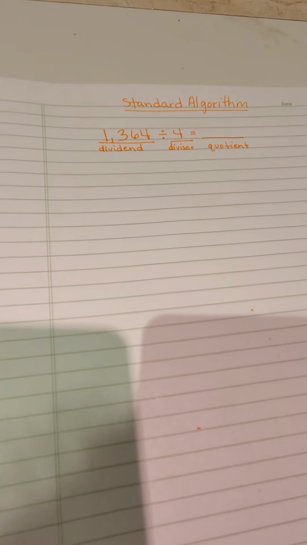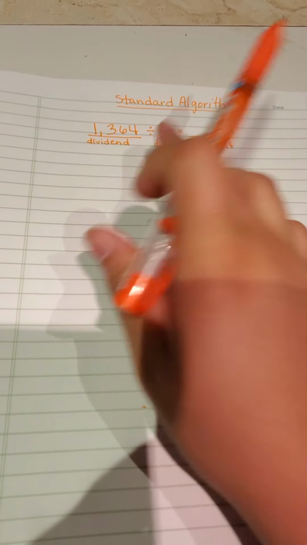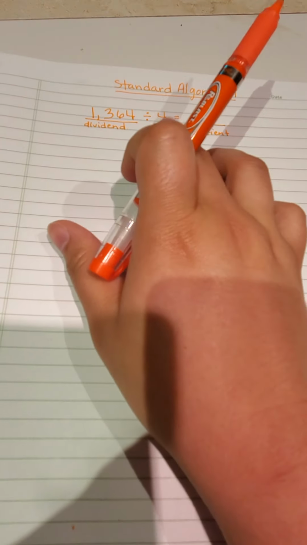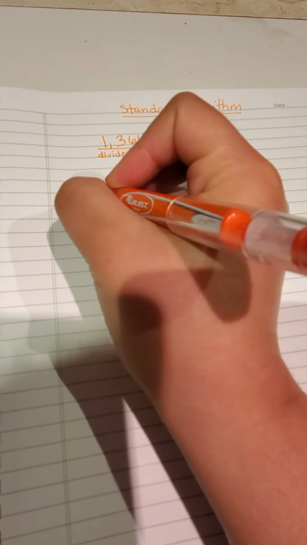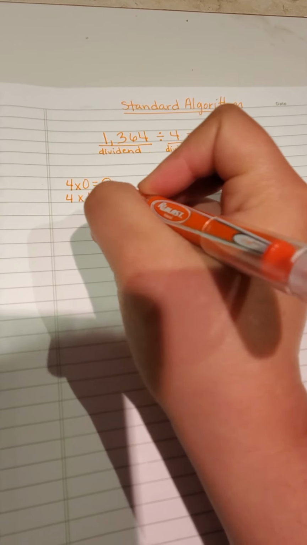So when I divide, the one thing I like to do, because division relates to multiplication, I like to write the multiples of the divisor. So here I have a divisor of 4, so I want to write out my multiples. That's 4 times 0, 0. 4 times 1, 4.